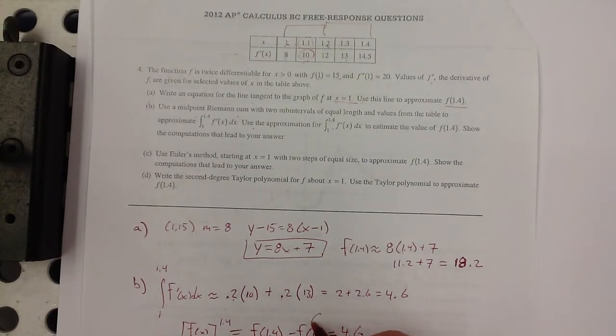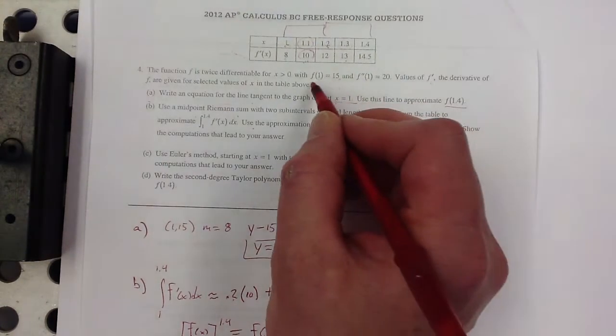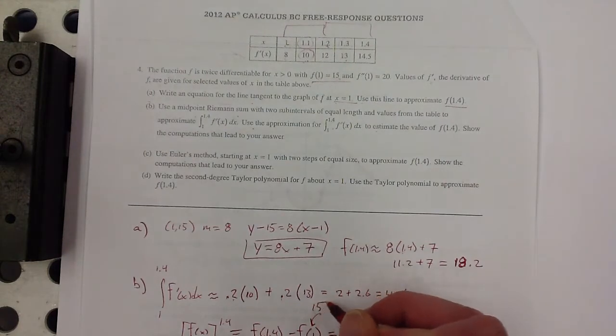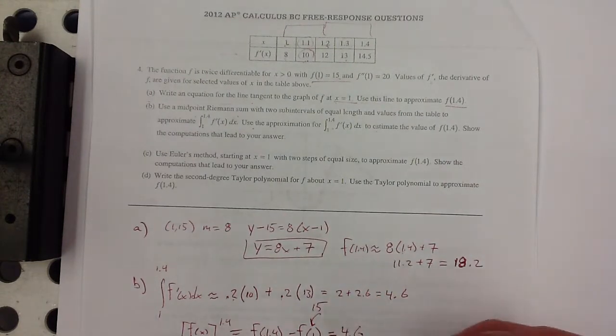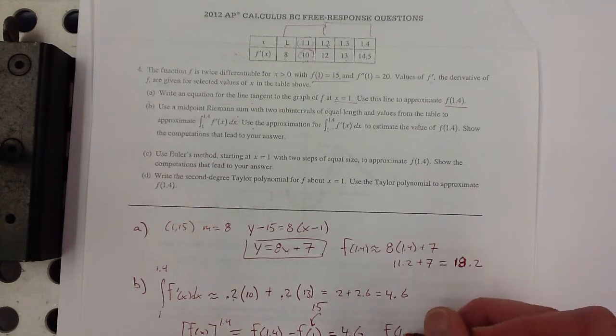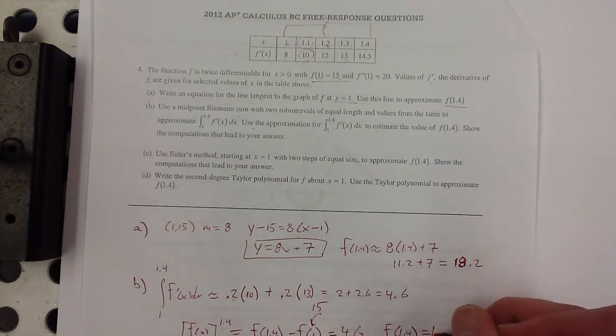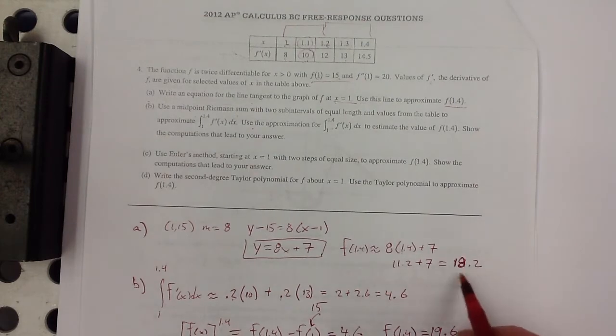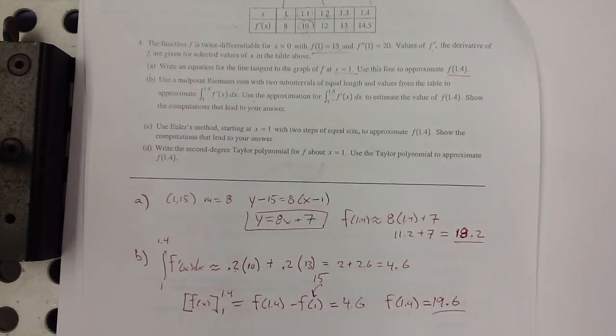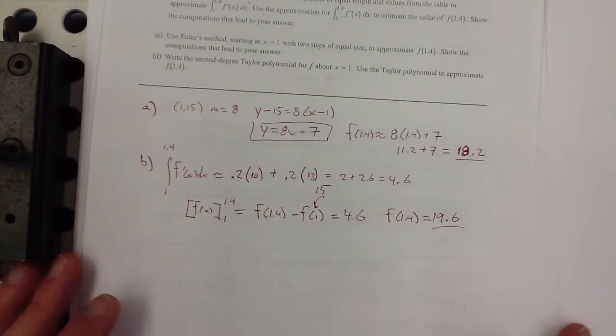So f of 1, well, they gave us that, that's 15. So fundamental theorem tells us that this is all true, and then I can just add this to the other side. So 4.6 plus 15 is 19.6. And notice that our approximations are close-ish. They should be.